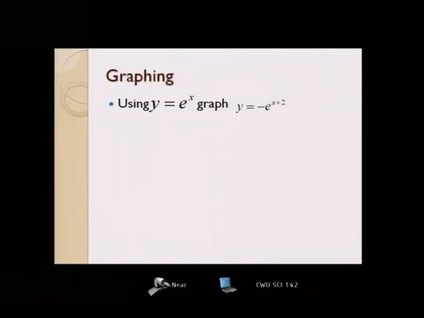As you're taking a look at this one, I want you to partner up with somebody next to you. What are the translations, transformations, or reflections that occur in this graph?